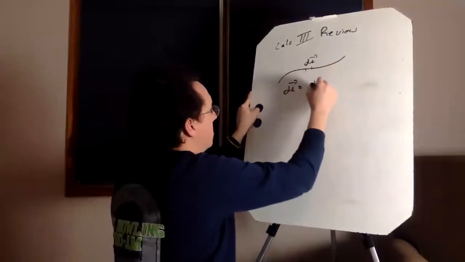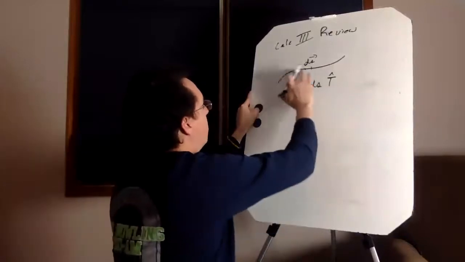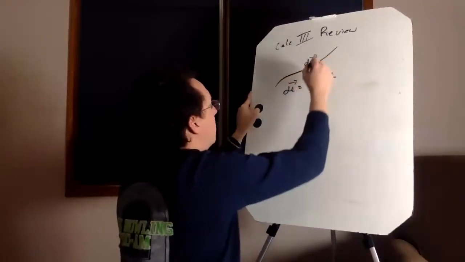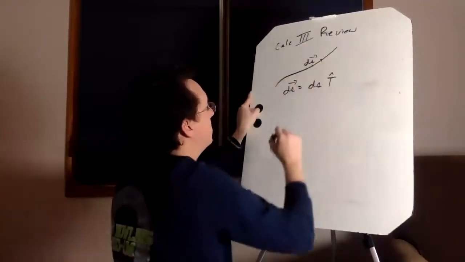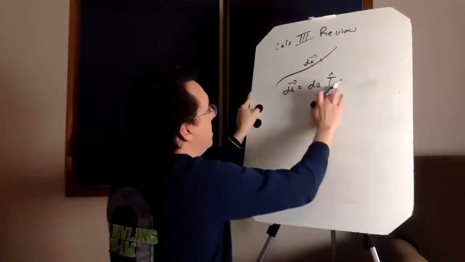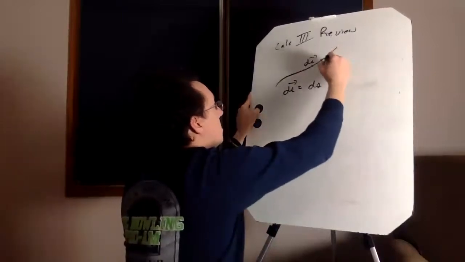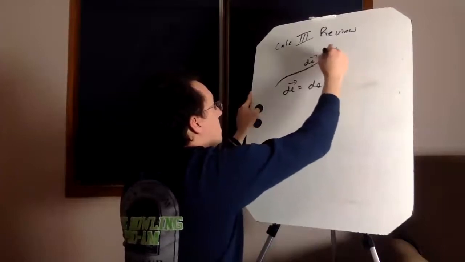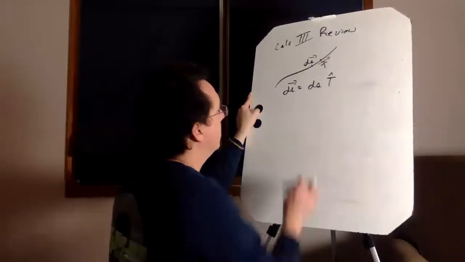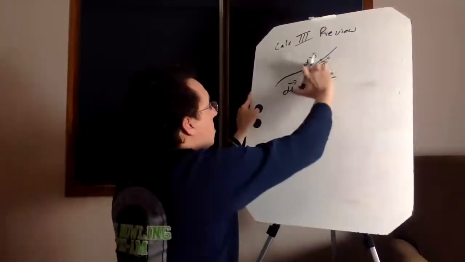I keep saying wire, it doesn't have to actually be a wire. T is a tangent unit vector, so T hat here points along the curve. ds is the arc length along that curve.